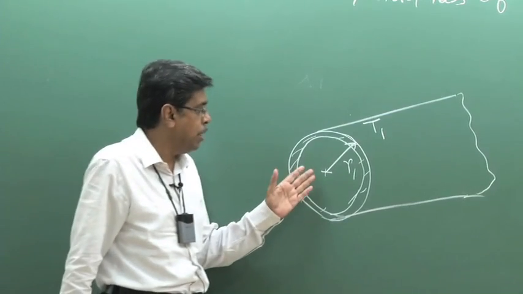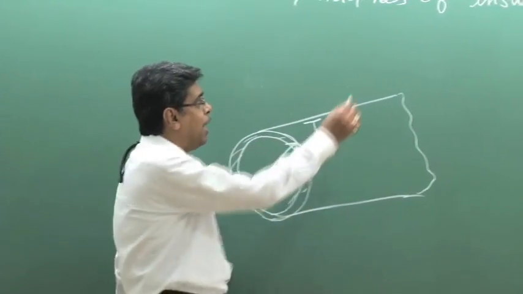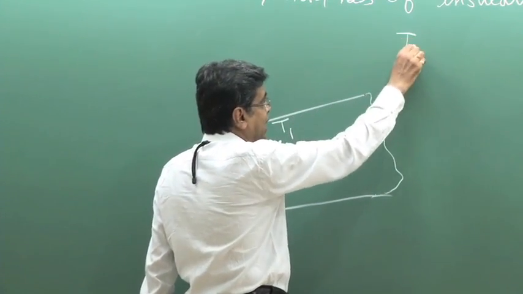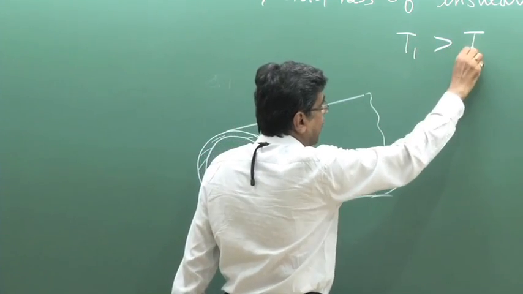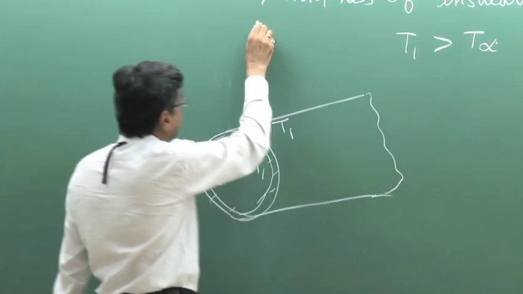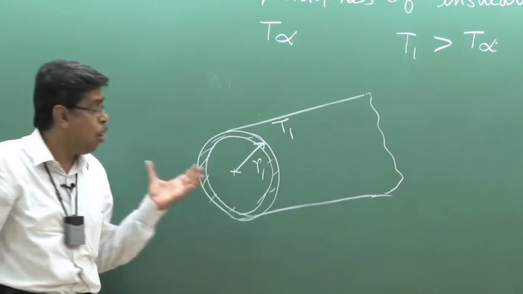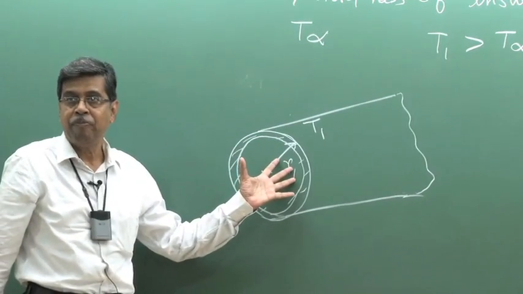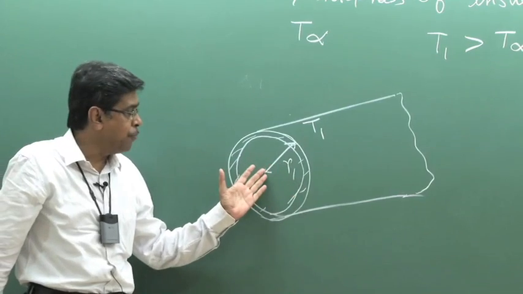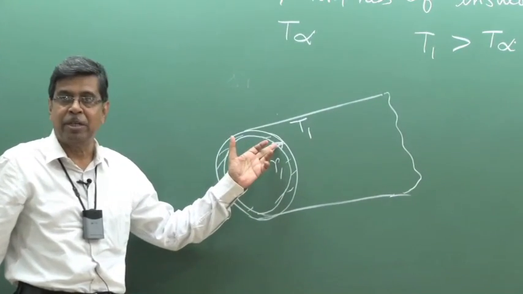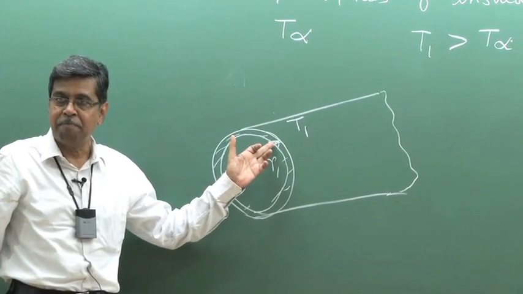That means somehow this T1 is greater than the surrounding temperature T infinity, which means in practice we can consider like this: a hot fluid is going through the pipe, and from the hot fluid by convection the heat comes to the inner wall, having some temperature.